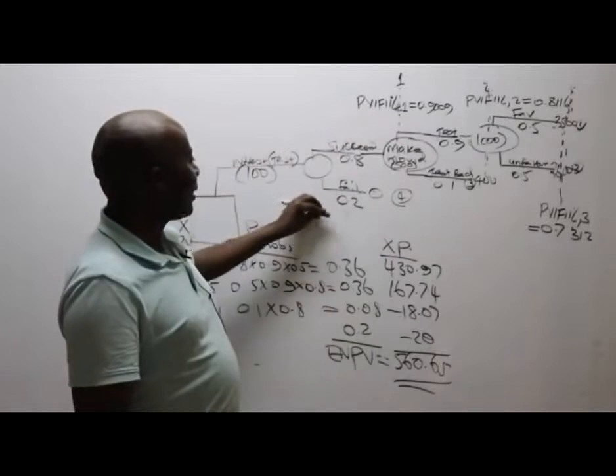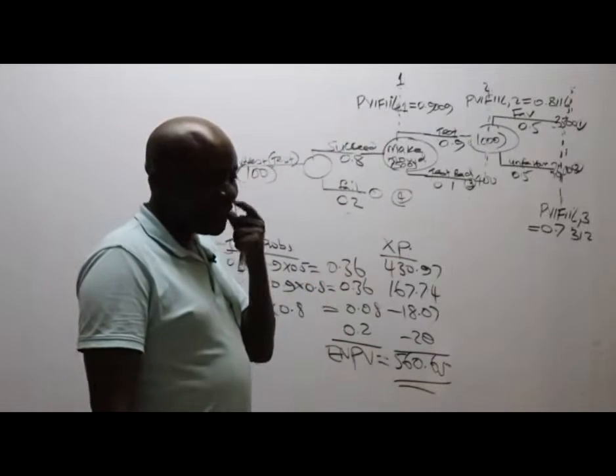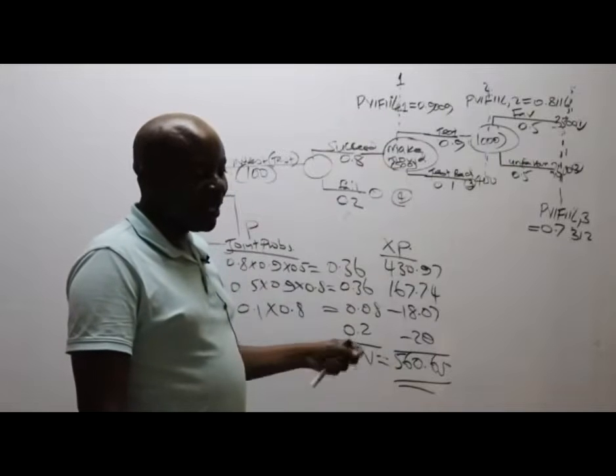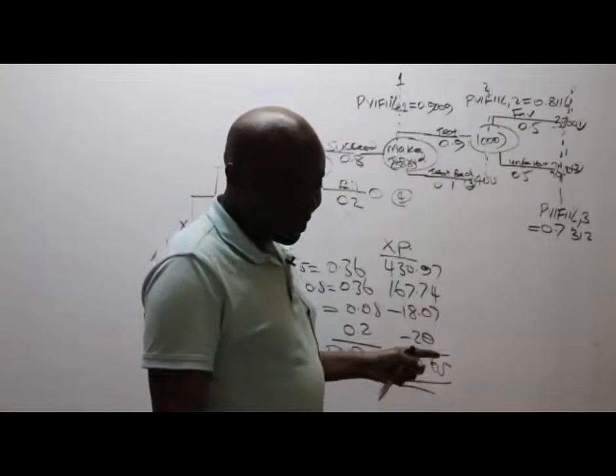Because I'm comparing the expected net present value of this and the other one, which was 0. If it was negative, then I would have said that this project is very bad. I would not recommend it.